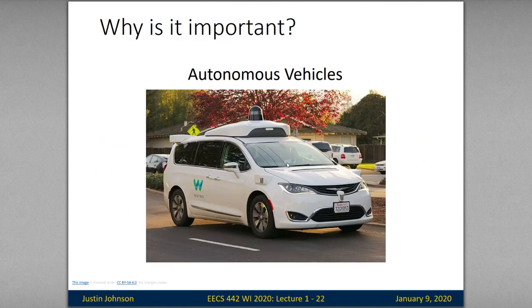Autonomous vehicles were already mentioned before. We still have to wait a few years to see these on our streets, but we can easily imagine that having these in use will be a tremendous benefit for all of us. And for autonomous vehicles, computer vision is really a top priority.